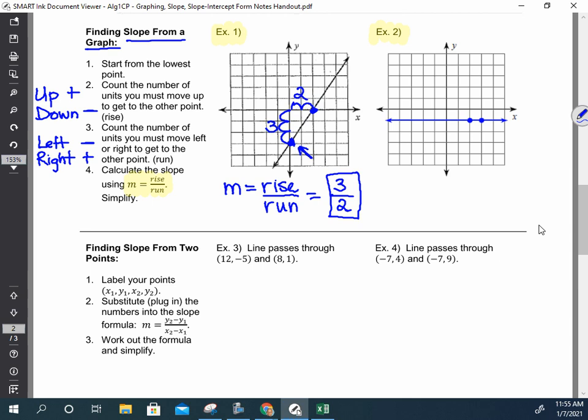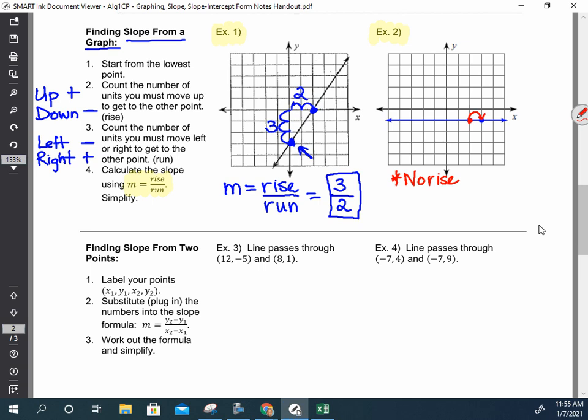All right, example 2. So we've got a horizontal line. We've got 2 points. So we can pick whatever point that we want. I'm going to pick that one. Do I have to rise? No rise. So there's no rise.